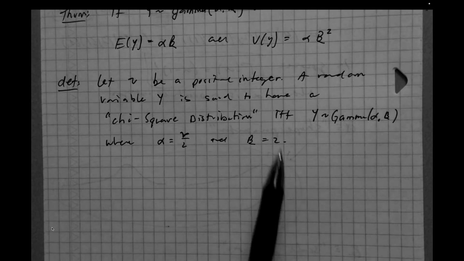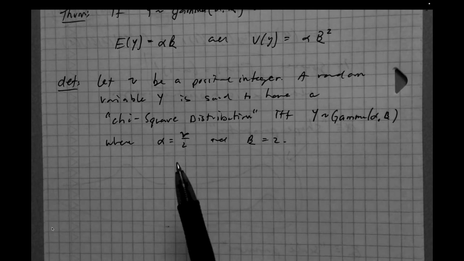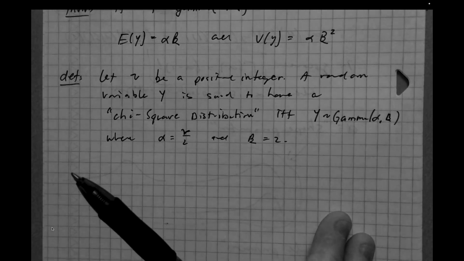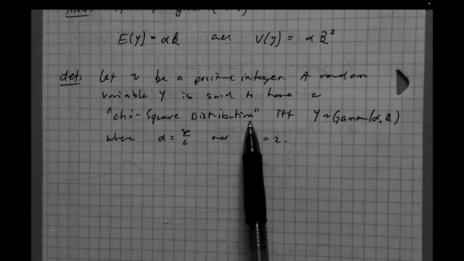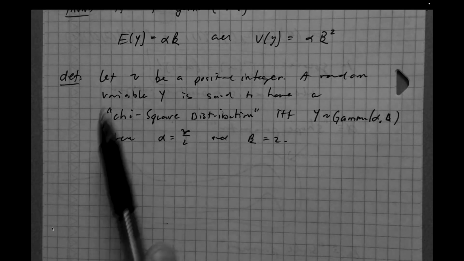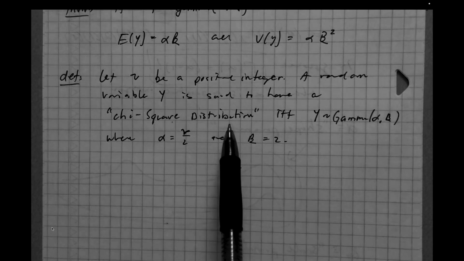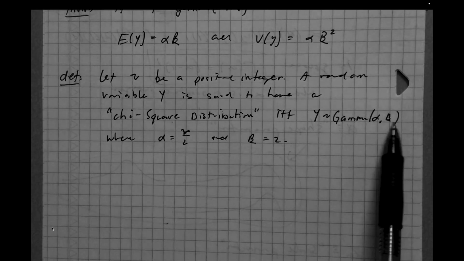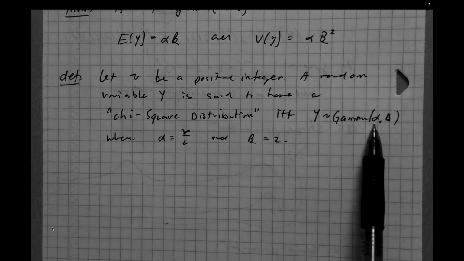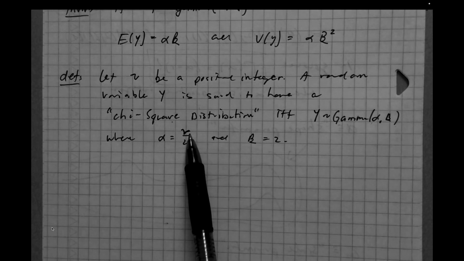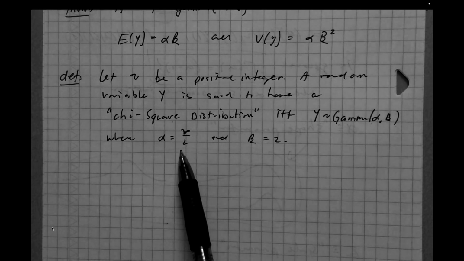Okay, so we just said that in general we would use integral values of alpha, but not always, right? So here's an example of the not always. This is a highly valuable distribution, as you'll see, especially when you get into mathematical statistics. The chi-square distribution is everywhere. It is essentially a gamma distribution where the beta parameter is 2 and the alpha parameter is some positive integer divided by 2.